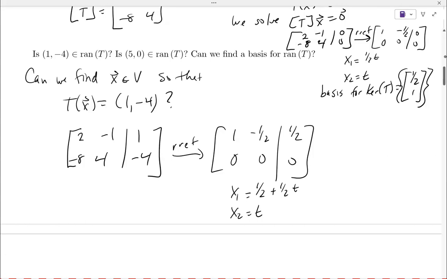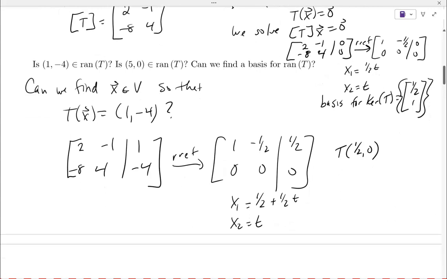Yeah. So can you give me one vector in particular that maps to 1, -4? You find one solution. Well, we can find infinitely many, so can I find one? What can I plug in for t to just give me one of them? I could plug in 1, I could plug in 0. There's lots of different things I could do, right? So we could check T of 1/2, 0, plugging in a 0 for t.